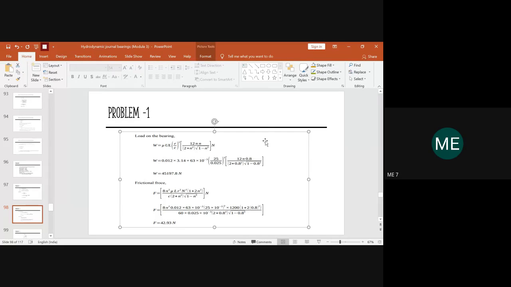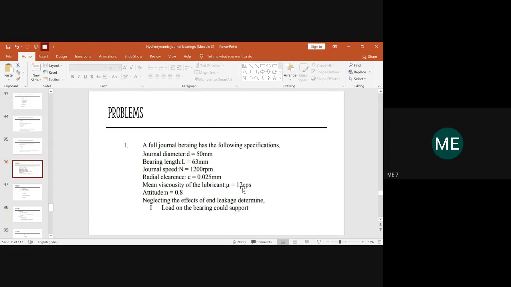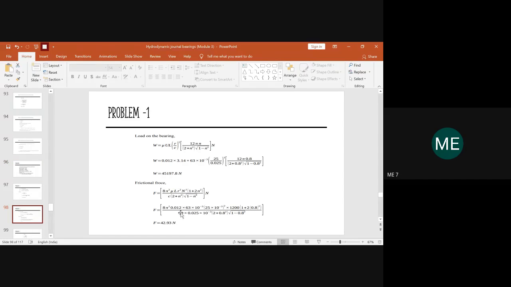Okay, so what they have done here is in the equation, this viscosity is Pascal into second. So actually if they are taking this directly as 12 CPS, we are converting that into Pascal into second. So they are considering that as the value of the denominator here, but that is not needed.